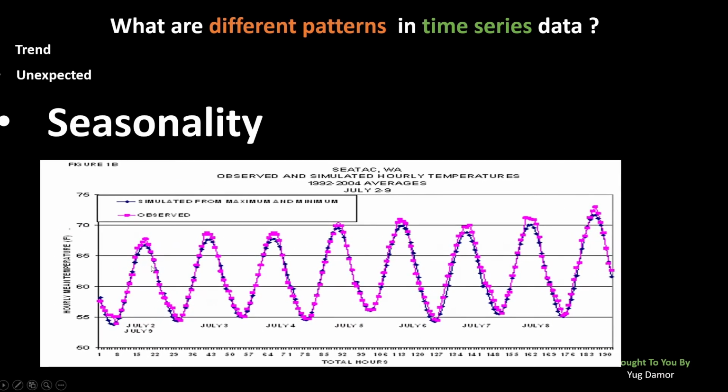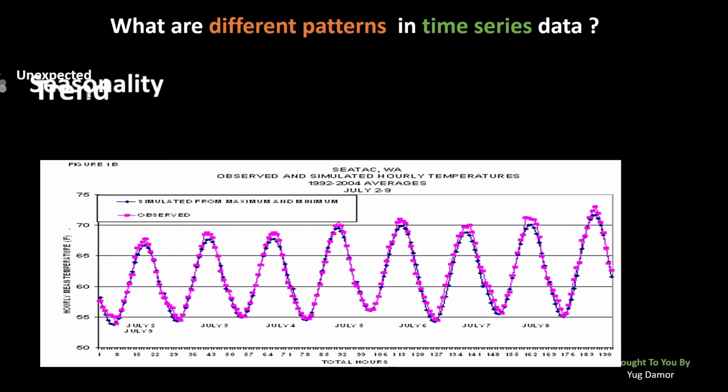You can see that in the morning the temperature is very low, and at night the temperature is very low, but in the afternoon the temperature is high. Every day in the afternoon the temperature increases, so this is known as seasonality.